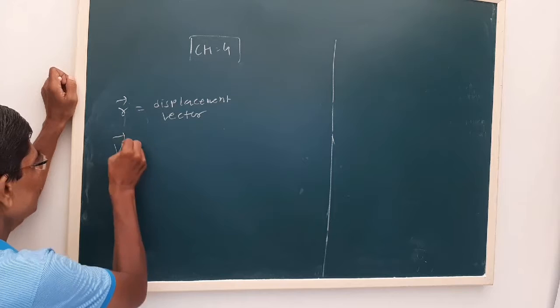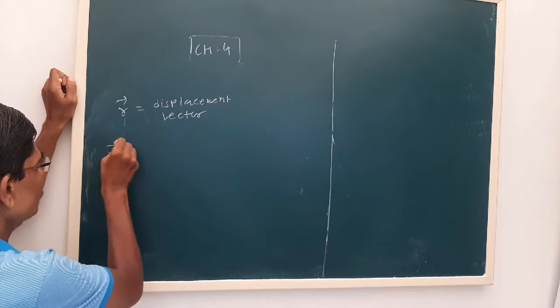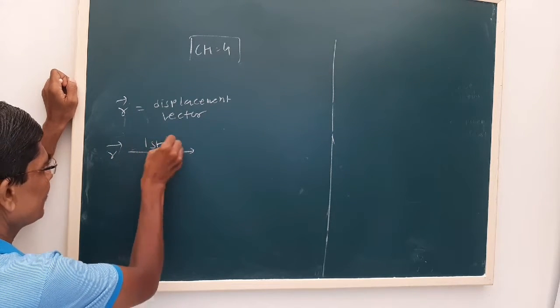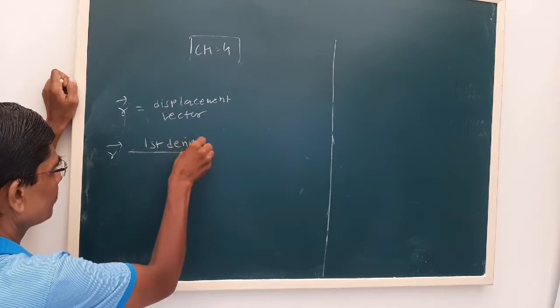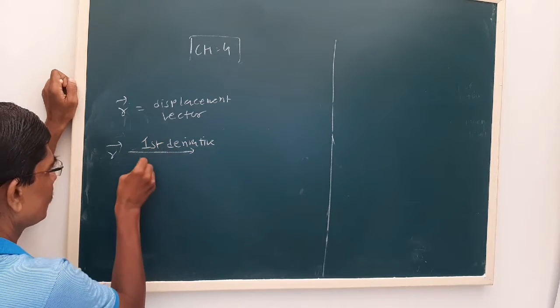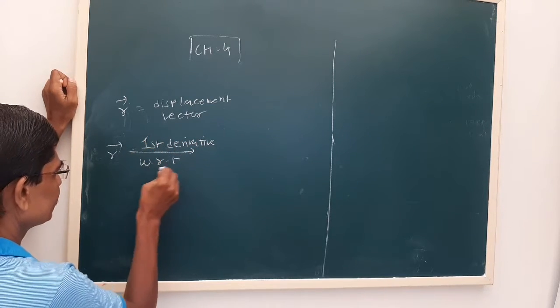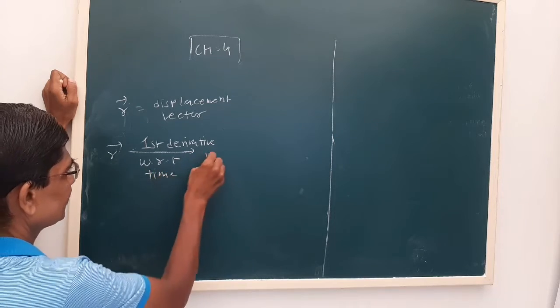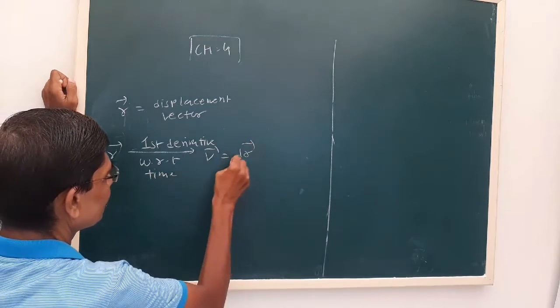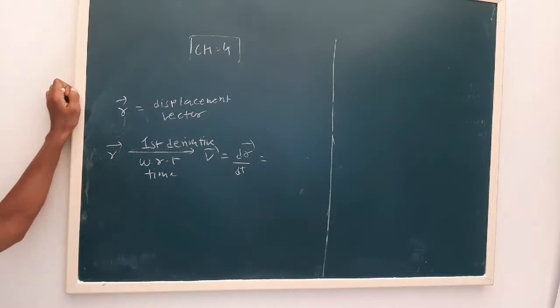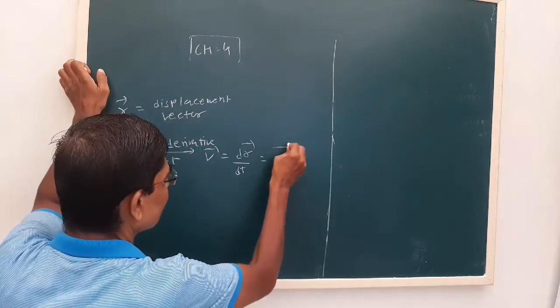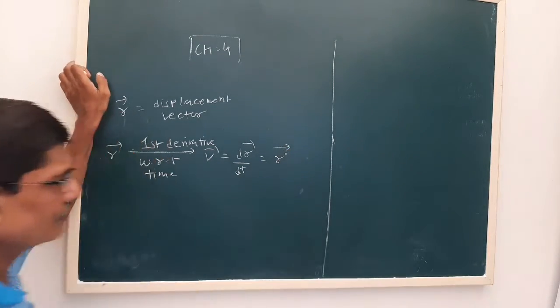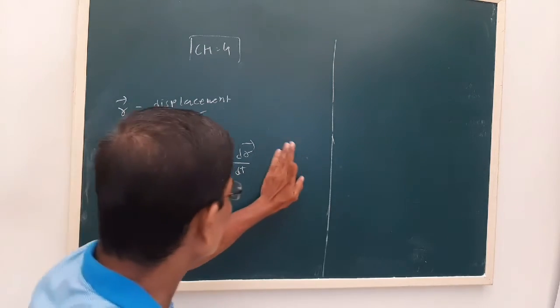So here velocity is unique. r is a position vector. The first derivative with respect to time is v equal to dr by dt. In some books it is mentioned like this, but right now it is not more useful.